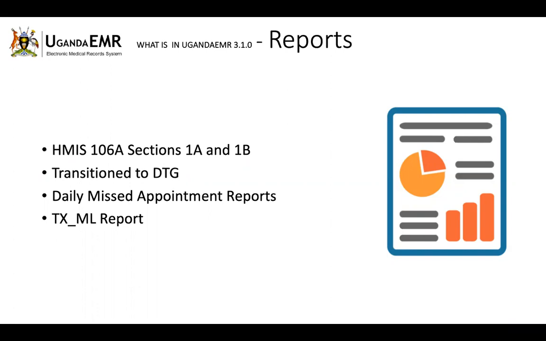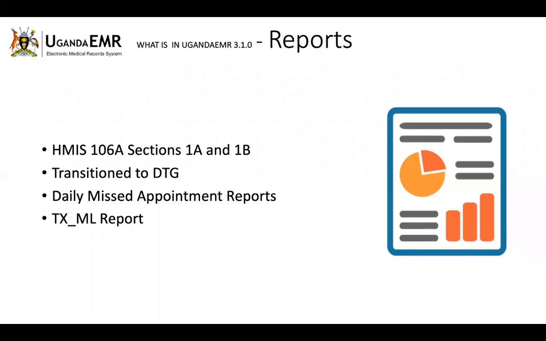So that is what the daily missed appointment report addresses: once you have a clinic, at the end of that clinic, you can simply query the system and it brings you a list of people who were supposed to come on that day, but did not come.